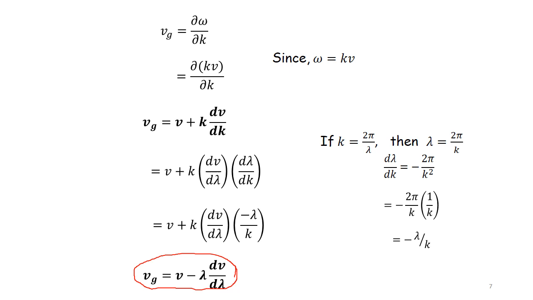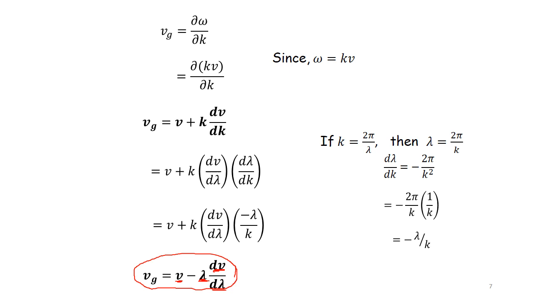Here, this is the average velocity of all the individual waves, this is the difference between the velocities, the differences in their wavelength, and the average wavelength of the individual waves. So we can obtain the group velocity.